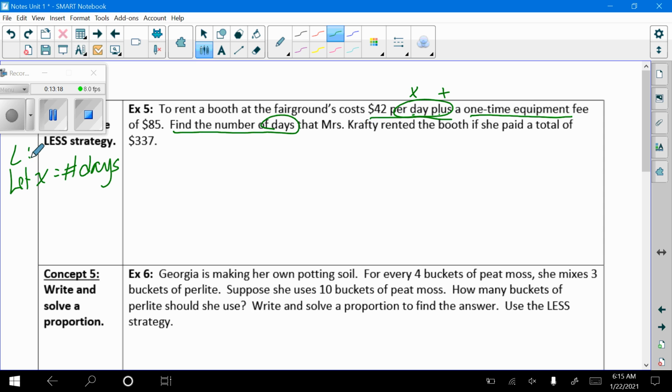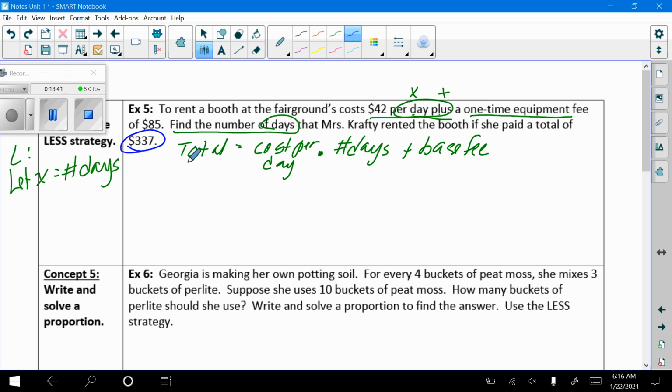When I look at this, I want my total to equal her cost per day times the number of days plus the base fee. So if we put in her information here, we have the total. Total is $337.